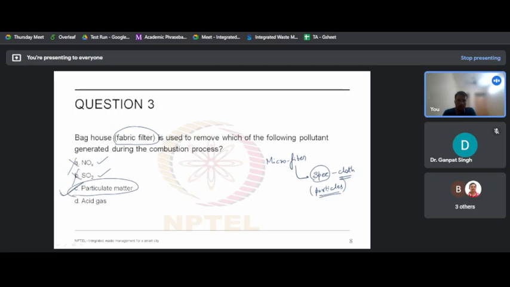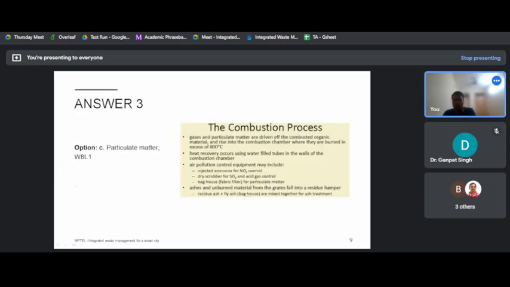Moving on. So we'll discuss the slide also. So option C, particulate matter, is the correct answer. Students can refer to the first lecture of this week.